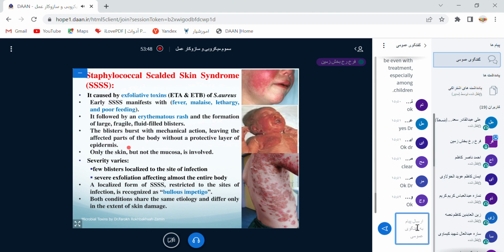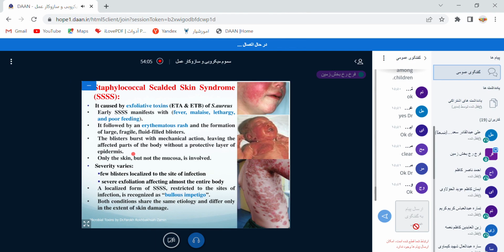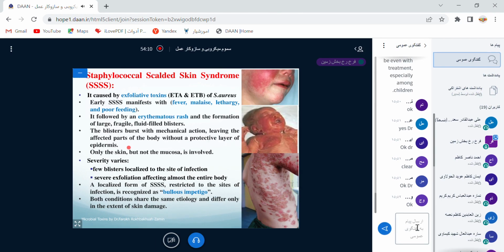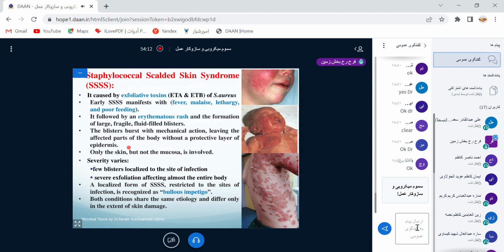And this bacterial toxin opens this gate and allows bacteria to go to our tissue and make big problems for infants and children.